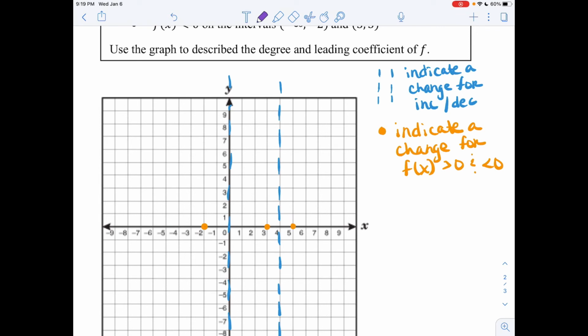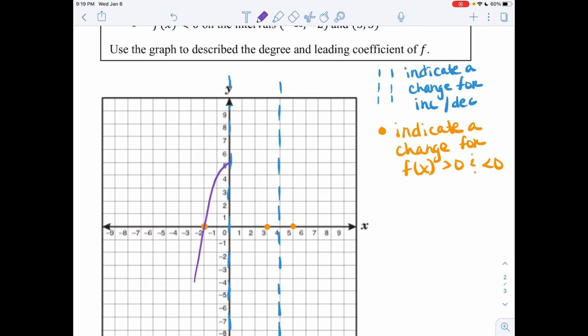So we're going to start at negative infinity, thinking about way over here, but we are increasing. So that means we are coming up from negative infinity in the y direction. And then we'll come up this way. We're increasing, increasing, increasing, increasing until we get to an x value of 0.